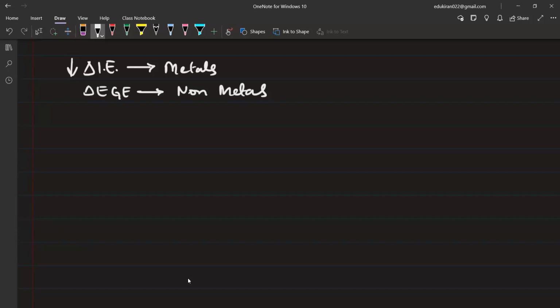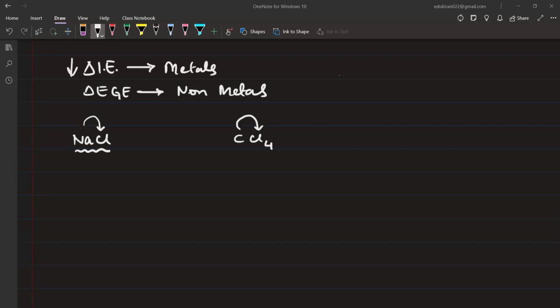For example, if you have a metal, sodium, how do we see whether something is ionic or covalent? When you have sodium chloride, it is completely ionic in nature. But if you have CCl4, when sodium is attached with chlorine, it is ionic, but when carbon is attached with chlorine, it is covalent.